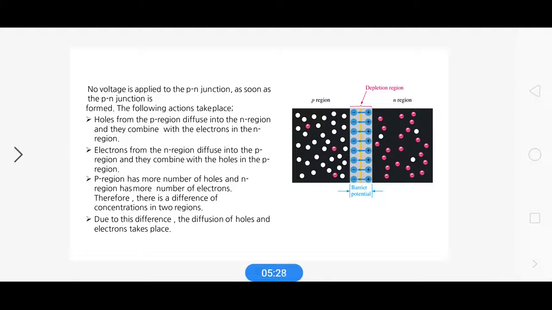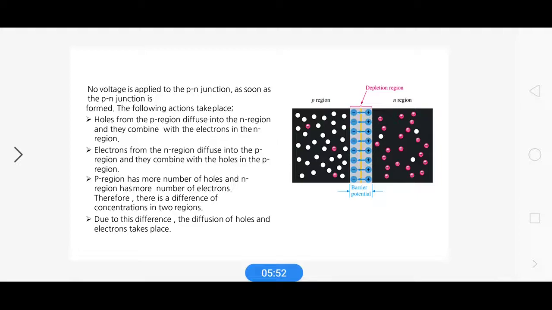Do you understand? The holes move towards the junction, cross it and recombine with the electrons in the n region, whereas the electrons in the n region cross the junction, move towards the p region and combine with the holes.